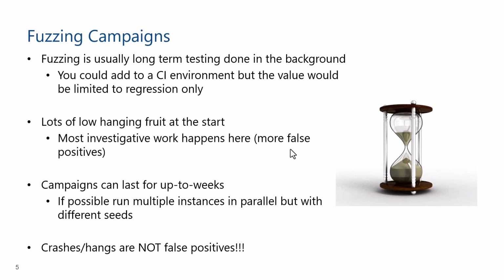When you start fuzzing, in the beginning you will find issues, and we call that low-hanging fruit. So most of your work will probably happen up front, where you're trying to characterize these bugs, fix them, etc. And that's exactly what we want. We want you to fix them as soon as possible. As I mentioned, campaigns can last up to weeks. So some strategies might be, let's say your program has multiple input surfaces, attack surfaces, as we call them.